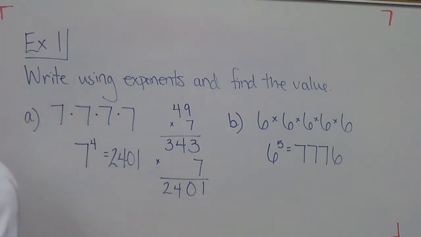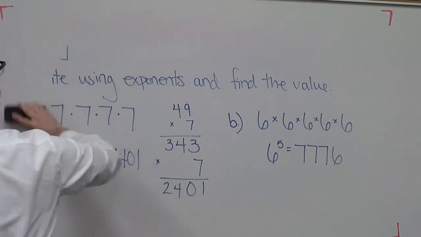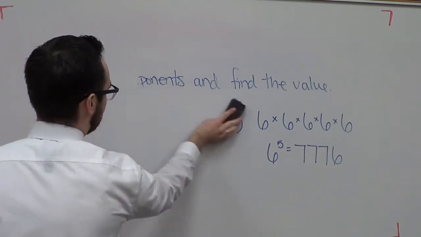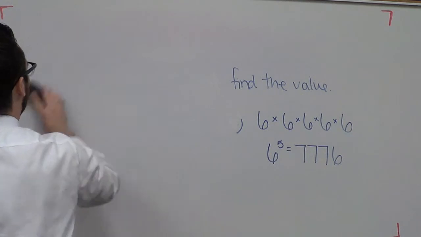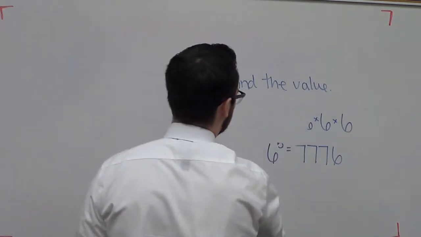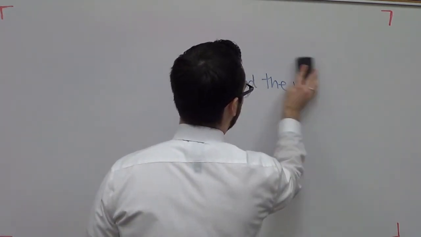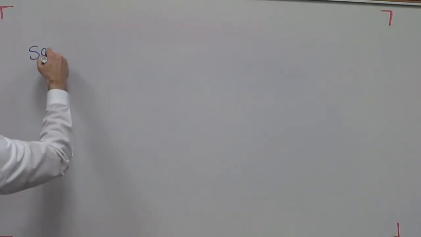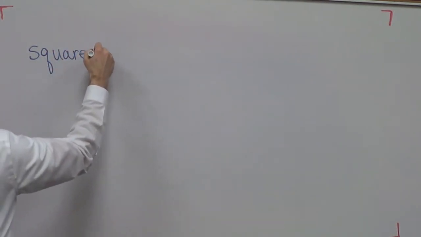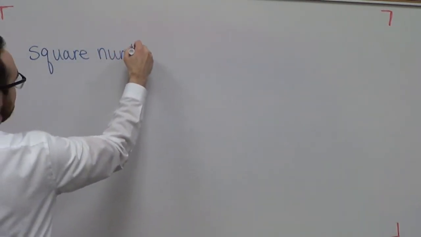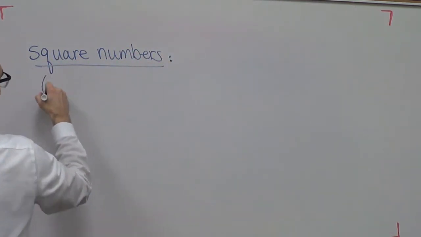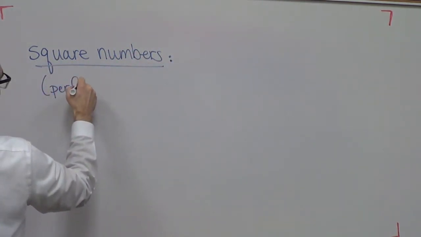Alright, now something else you may have heard when referring to exponents is something called squares. A square number is what we're going to talk about next. And this is whenever we use an exponent of 2. So square numbers, what also might be known as perfect squares.